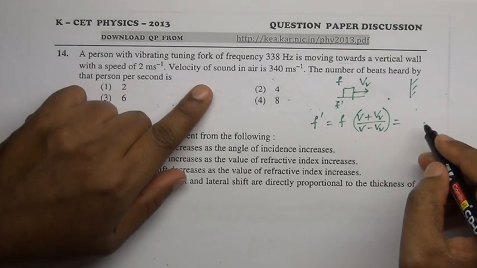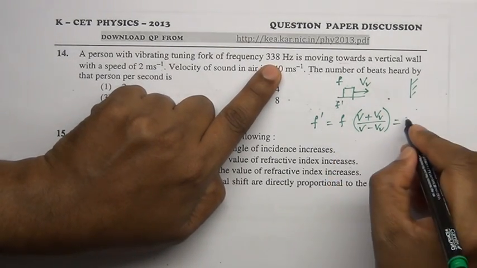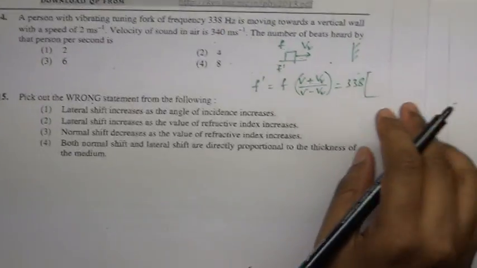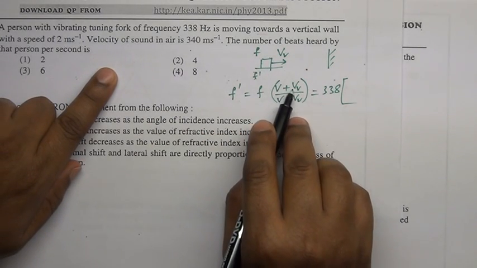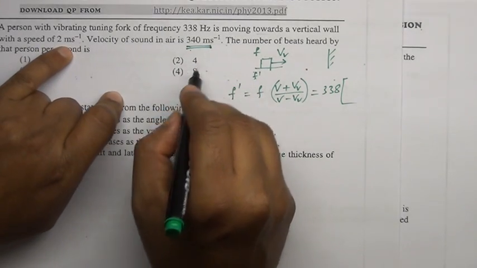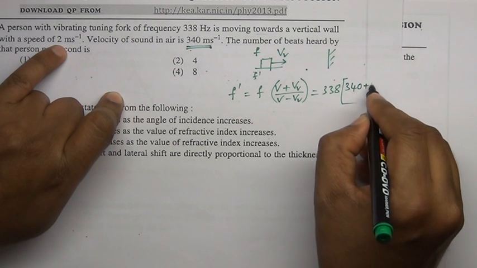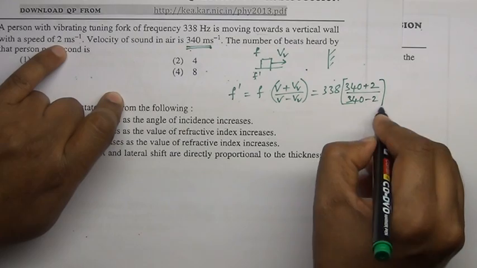In this case, the actual frequency is 338 into V plus v, velocity of sound plus velocity of vehicle. Velocity of sound is 340, speed of the vehicle is 2. So 340 plus 2 by 340 minus 2.